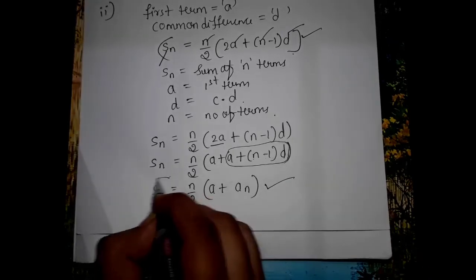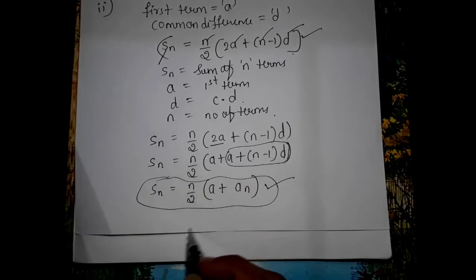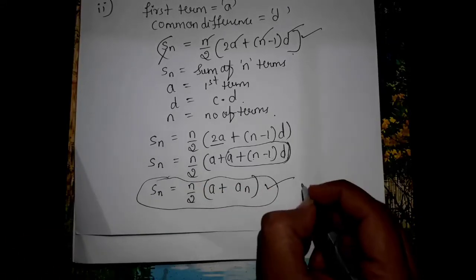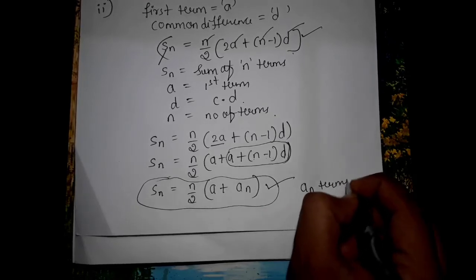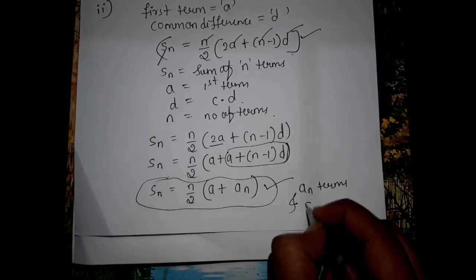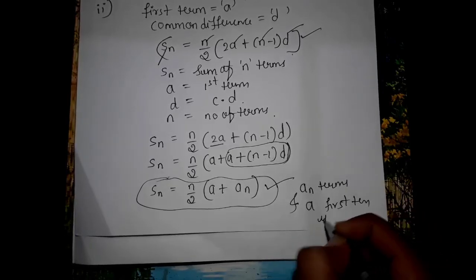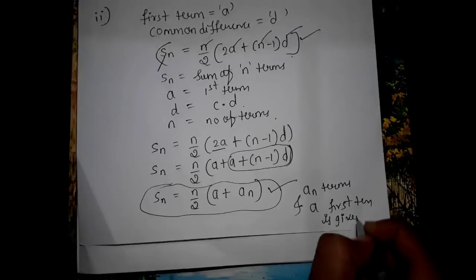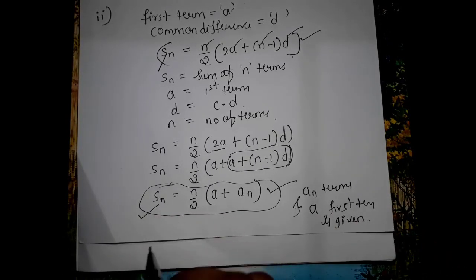Sometimes this new formula that I am circling is used when the nth term and first term are given. Sometimes you feel that this formula is confusing, but questions are asked many times.